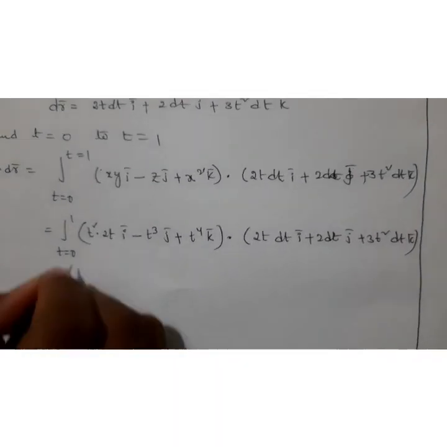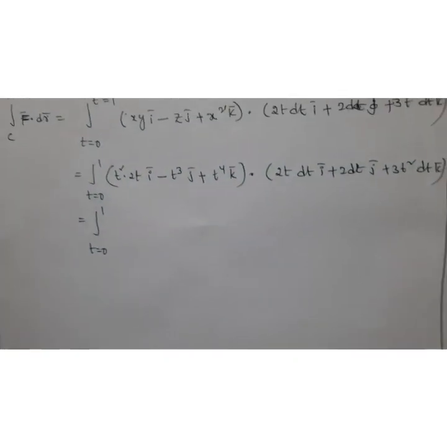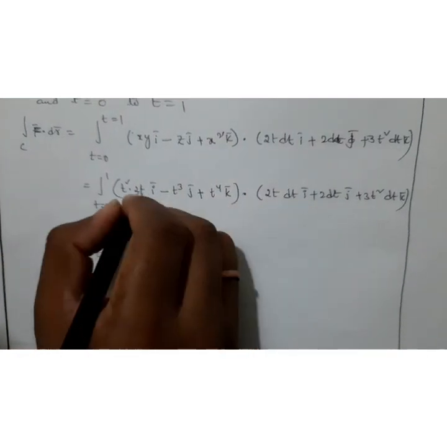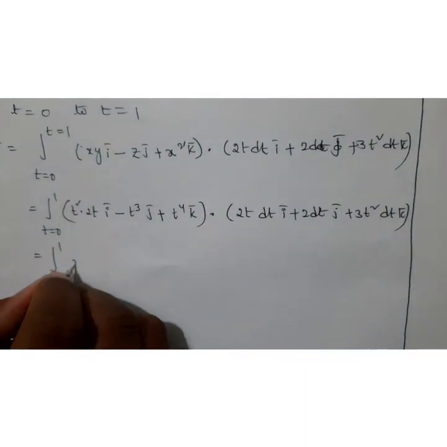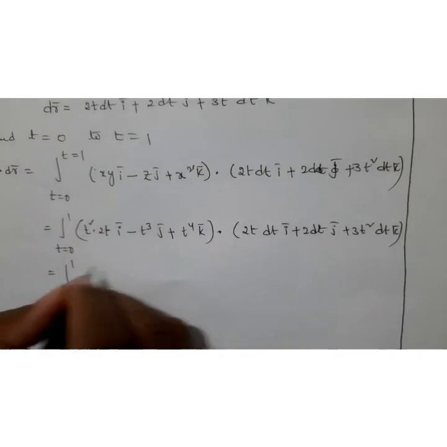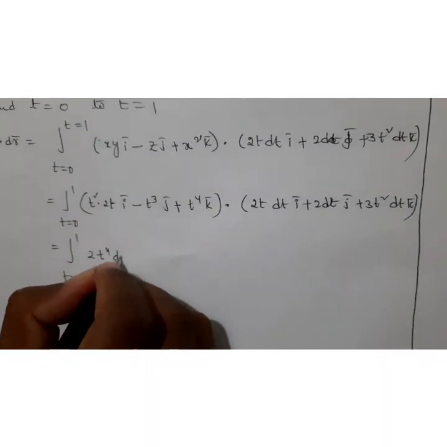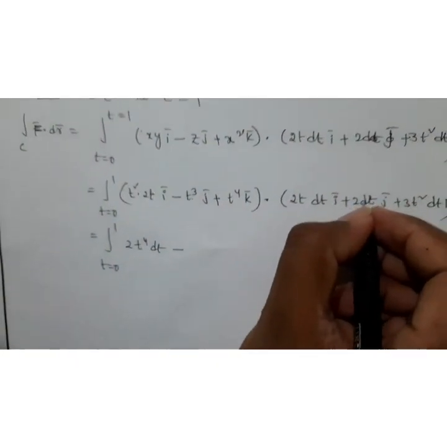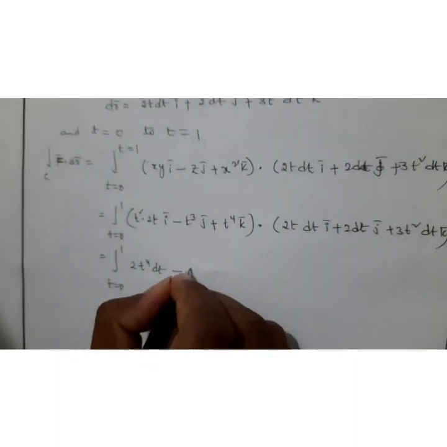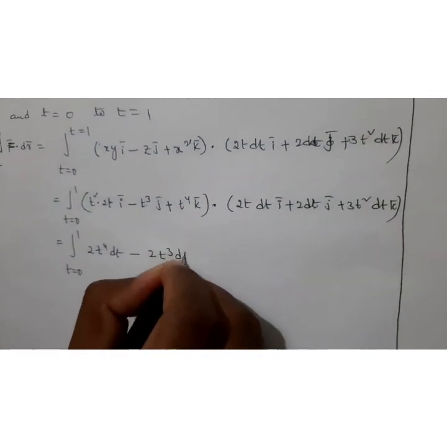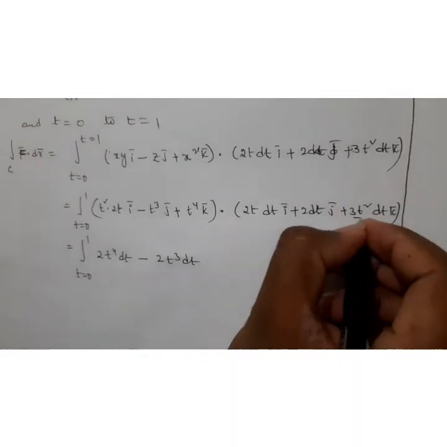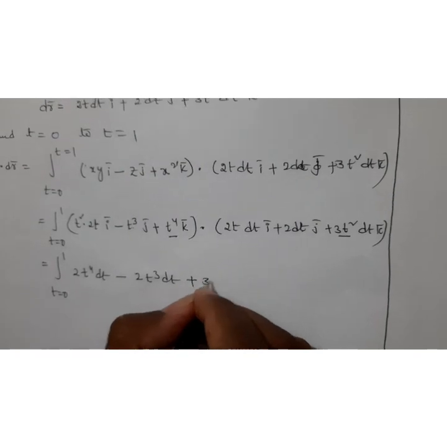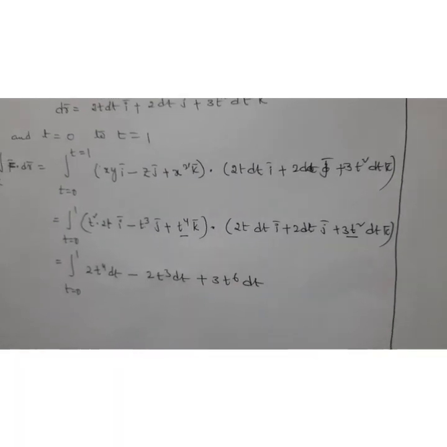is equal to the integral from t equal to 0 to 1 of: t square into 2t is 2t cube, i dot i is 1, so 2t cube times 2t, that is 2t power 4 dt; minus j dot j is 1, here 2 dt, t cube times 2 is 2t cube dt; plus here 3t square times t power 4 is 3t power 6 dt.